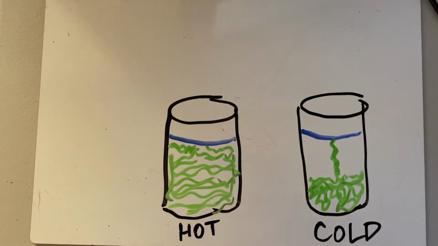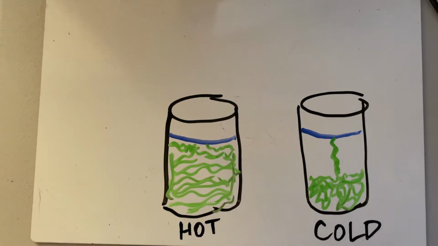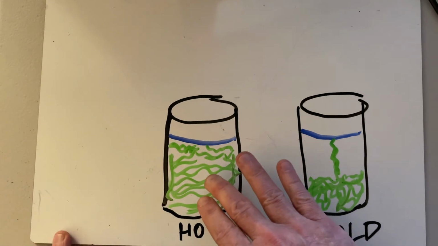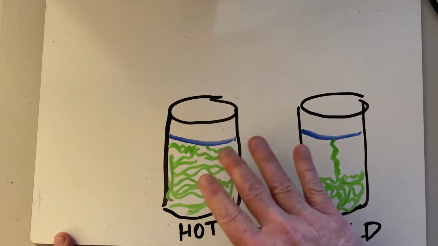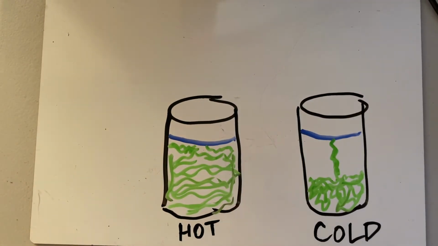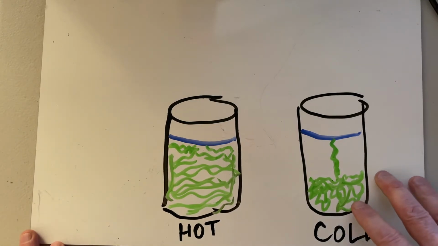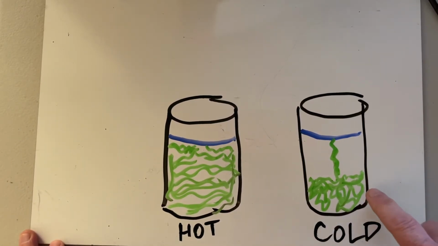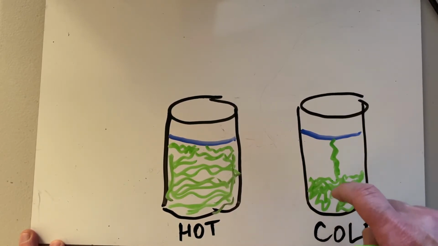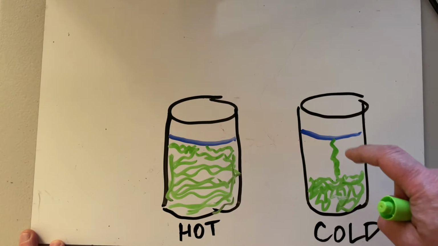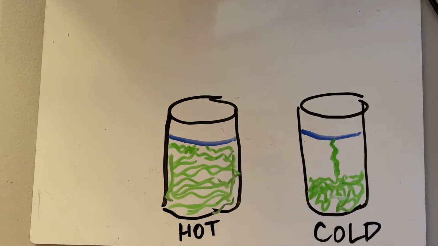If you were going to color with colored pencils instead of markers, you would probably shade the hot just a solid light color to represent the picture. And the cold, you would probably shade it a little darker here compared to the hot, because this was a little more concentrated. There was more food coloring in that area. And then there was some clear water, and then there was some dark food color coming down.